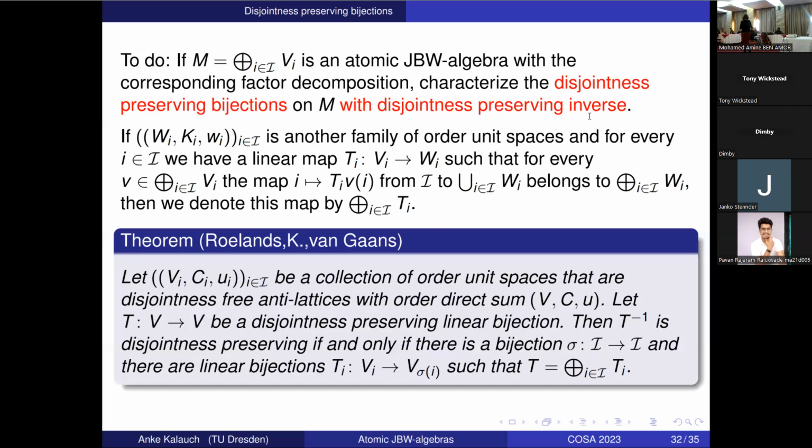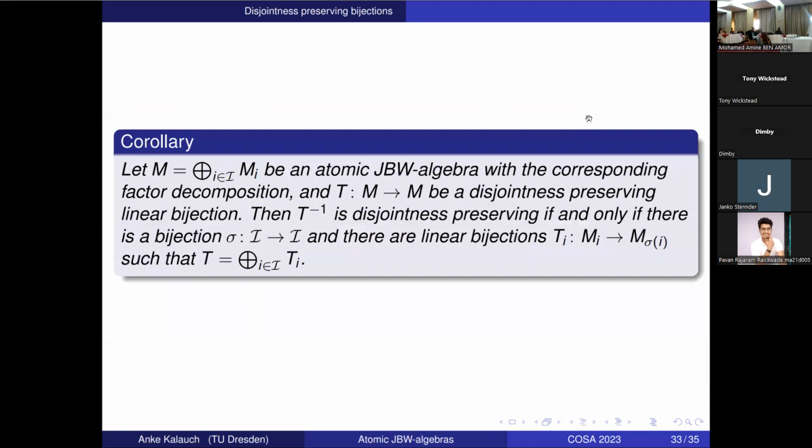And in this setup, it turns out that those with disjointness preserving inverse, you just flip between the components. That's it, practically. These are the only ones who have this property. Really, so we have a full characterization, and we can apply this to atomic JBW algebras.